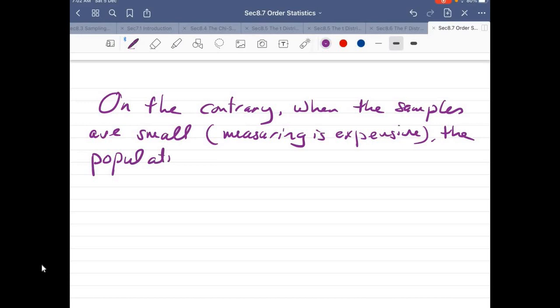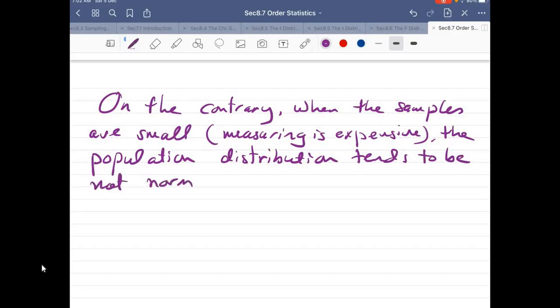The population values, the population distribution tends to be not normal. So in this case, I have to choose statistics that do not assume a normal population.